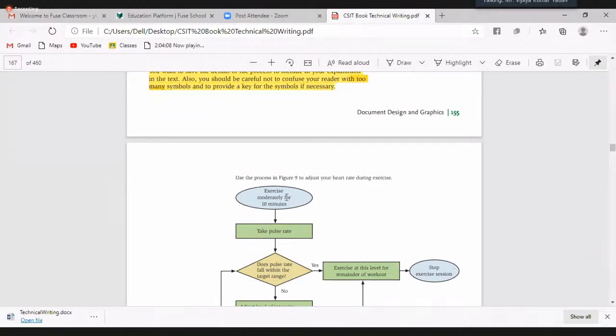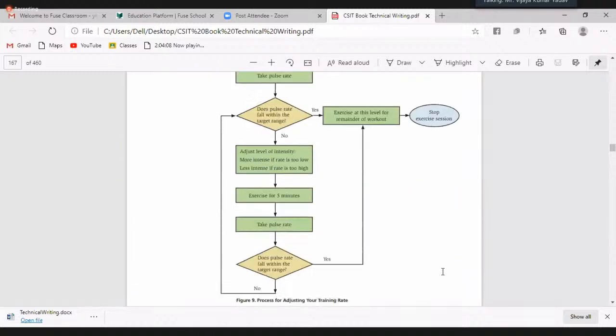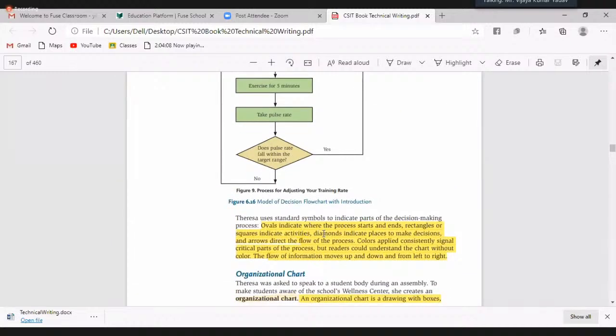So what is given here? Exercise moderately for 10 minutes. And here what is given? Stop exercise session. So these two oval shapes indicate that from here the process starts, and here the process ends. So ovals indicate where the process starts and ends.